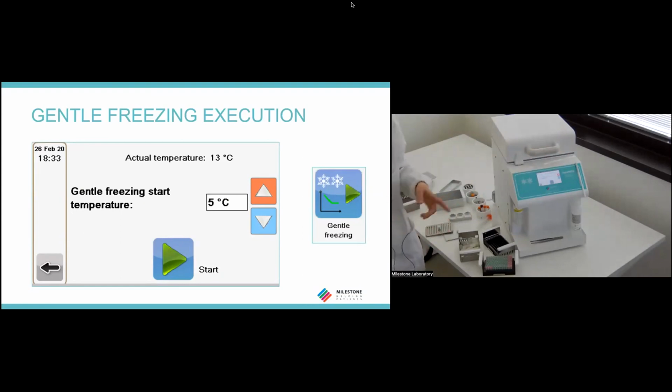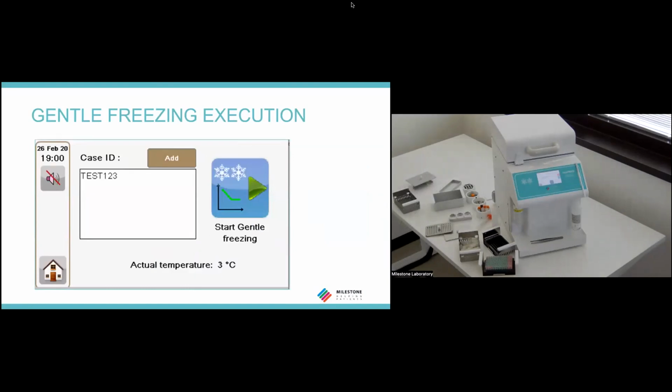At this point, you press start and the system starts the cooling down or the heating up of the working area, depending on its actual temperature. When it reaches the correct temperature, it gives a sound and keeps this temperature until we start the real process. These steps normally require a few minutes.